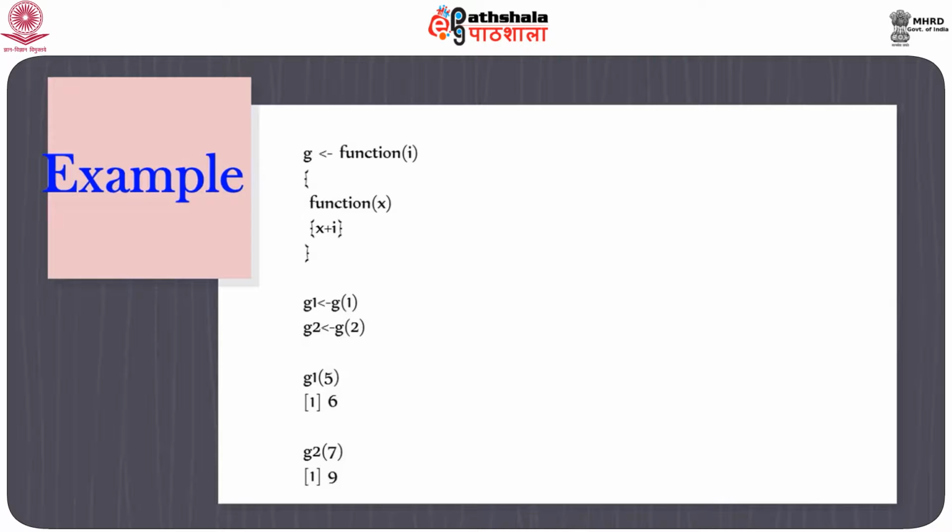So, our function will look like this. Here at first we are declaring it to be a function of I, as we have just said, and then our function of x, and finally we are adding up I and x. We keep on changing the values of I and x.